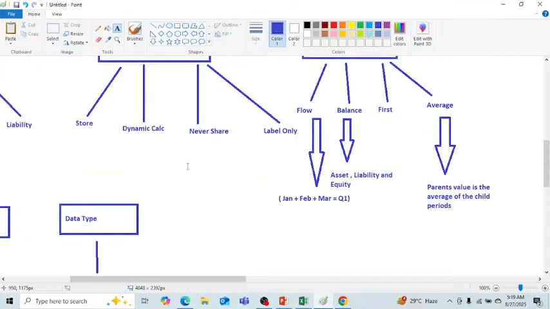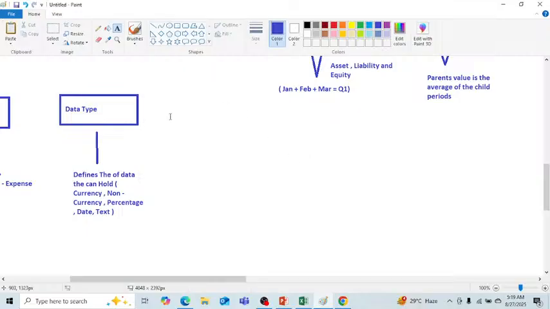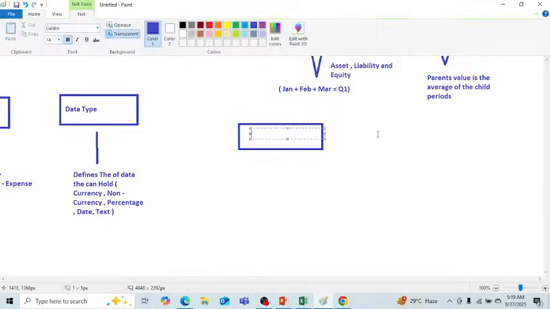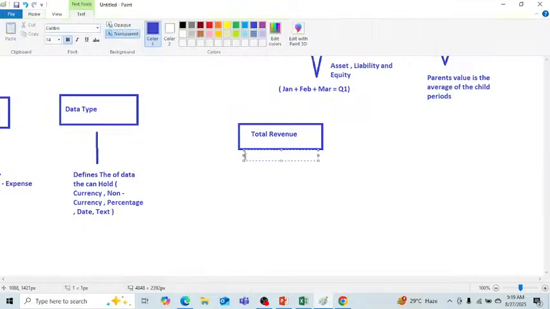If I talk about dynamic calc, it is generally applicable on formulas. Suppose I want to calculate total revenue, just see it. Here I will simply edit the sales of the department, the sales of the organization, whatever I have.